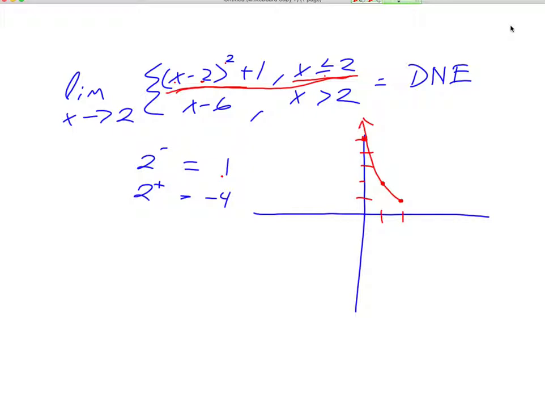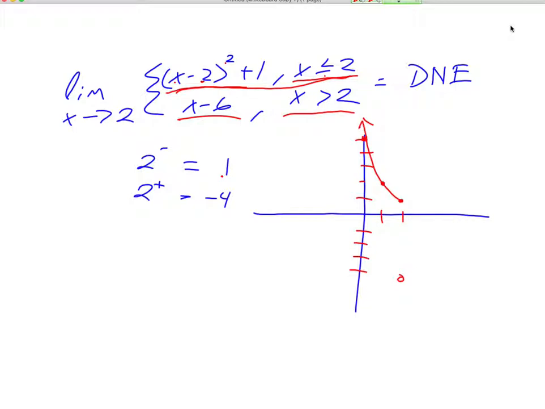On the other piece, what do I know this is? It's not a trick question. It's a line. Okay? We already figured out that our point at 2 is negative 4. On this one, it's got to have an open circle. Which way is this one going to go? To the right, because we're dealing with x greater than 2.